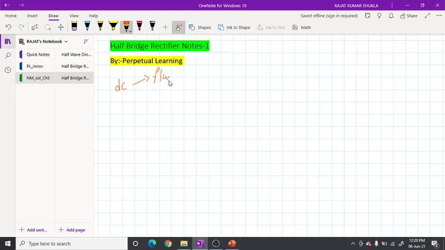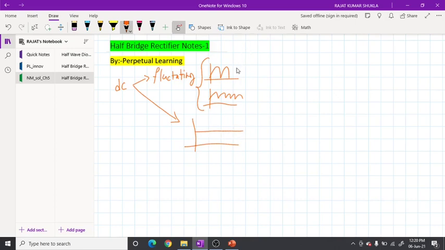One DC is fluctuating, which means it may be in this kind of manner or this kind of manner. So this is a kind of DC which is fluctuating type. Another one is pure DC. Pure DC will look like this, look here.